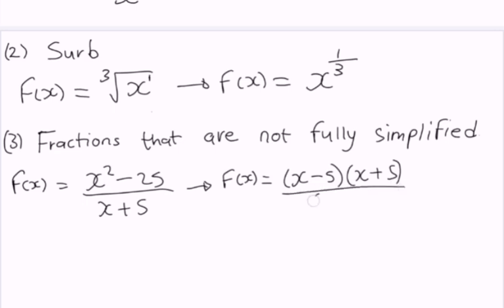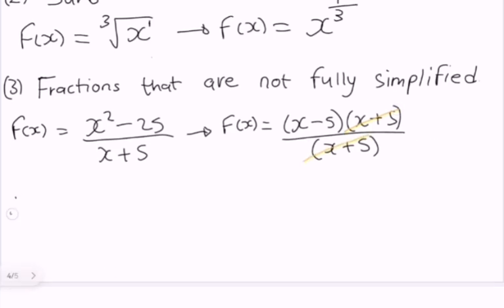Then you realize that x plus 5 on the numerator and denominator just divide each other. Then we are left with what? With 1. Therefore your f of x is equal to x minus 5. So you should look out for these kinds of examples. Okay.